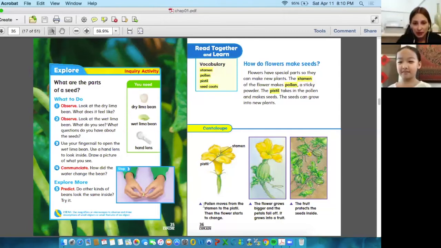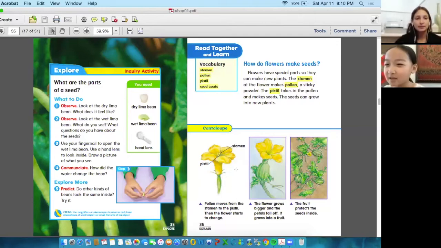All right. Could you read down here, please? Pollen moves from the stamen to the pistil. Pistil. I can write it down in my notebook. Yes. And if you want, you can also draw the little picture so you know what it is.